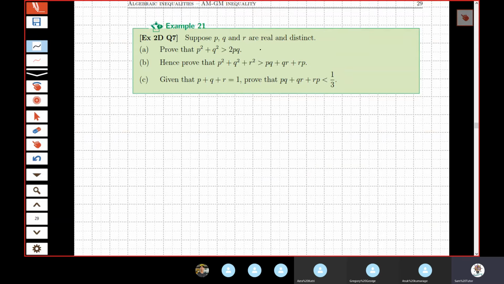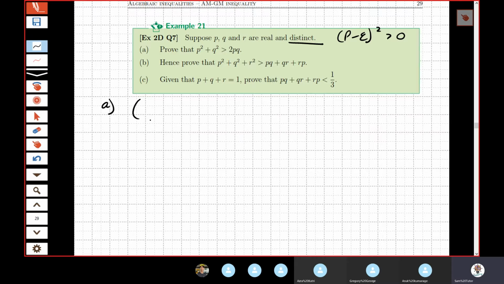Suppose P, Q, and R are real and distinct. Prove that P squared plus Q squared is greater than 2PQ. Because they're distinct, which means they're different, we know P minus Q is not equal to 0.